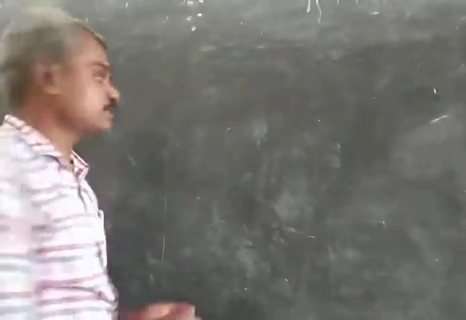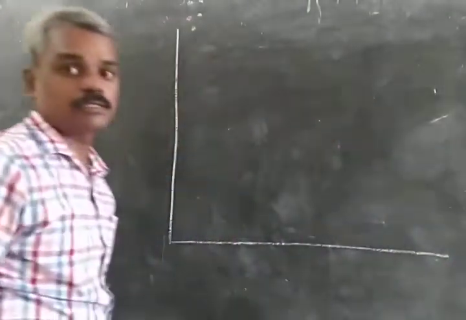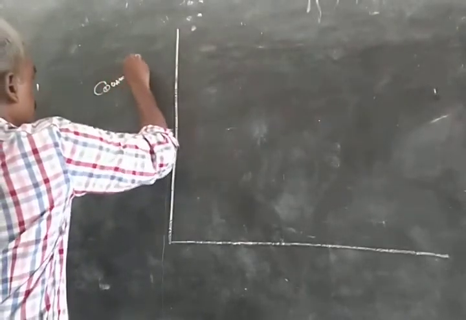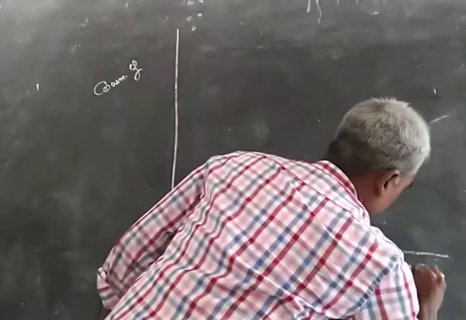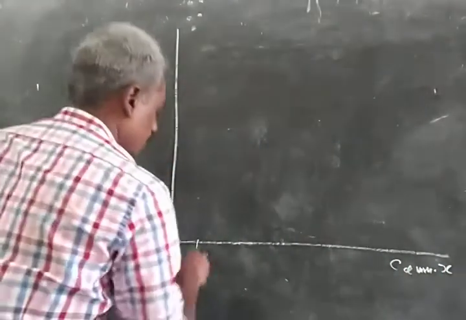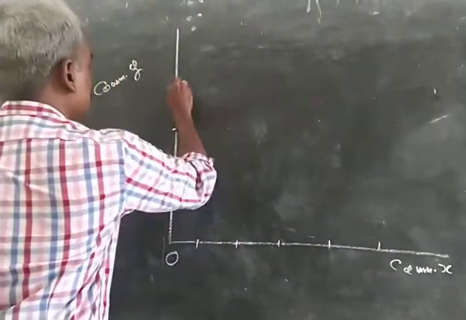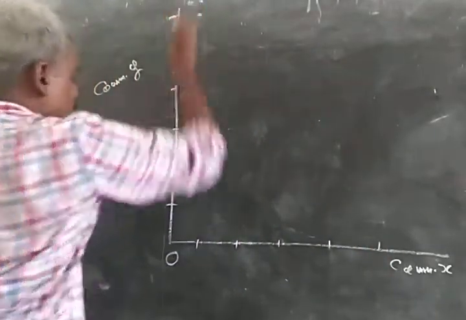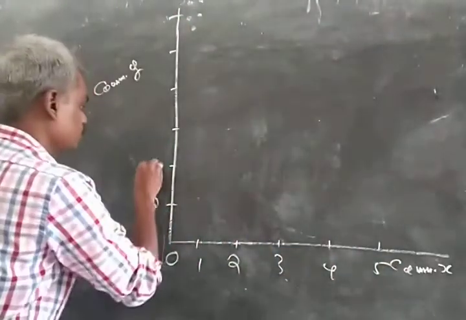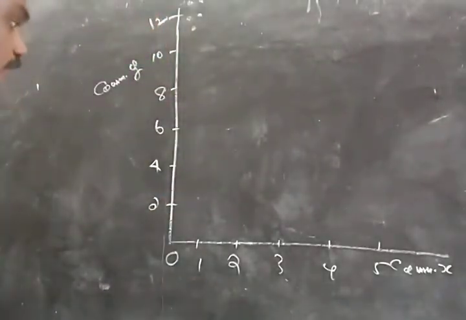We have two axes, X and Y. On the X axis we measure commodity X, and on the Y axis we measure commodity Y, marked 1, 2, 3, 4, 5 and 2, 4, 6, 8, 10 and 12.